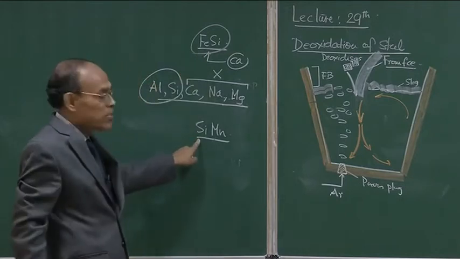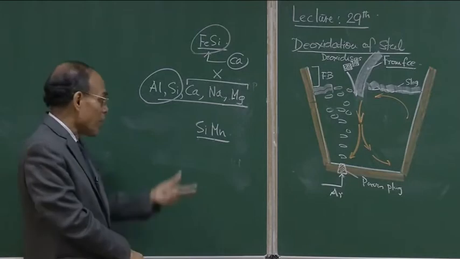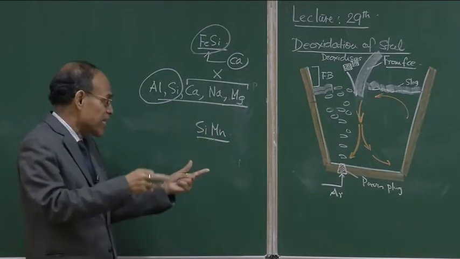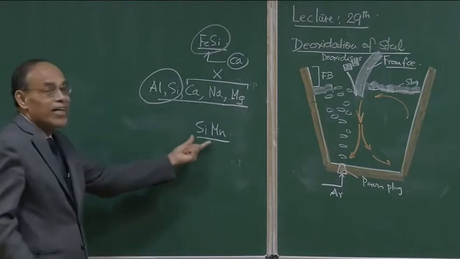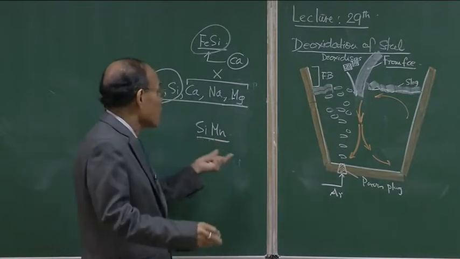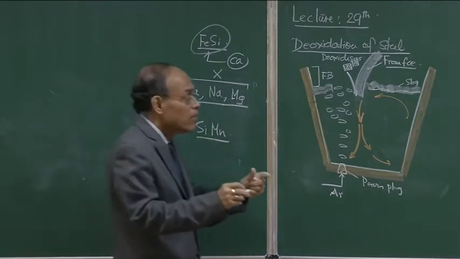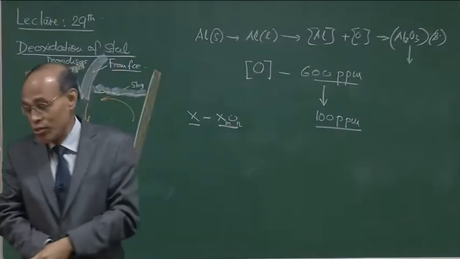like if you have silicon, then you form silicomanganese in certain ratios, 45:55. If you can form manganese silicate with a weight percentage of 55:45, then you can get a liquid manganese silicate, and so you can have a deoxidation product which is not solid, as it is in the case of aluminum, which gives alumina.